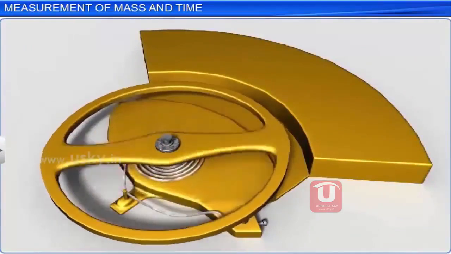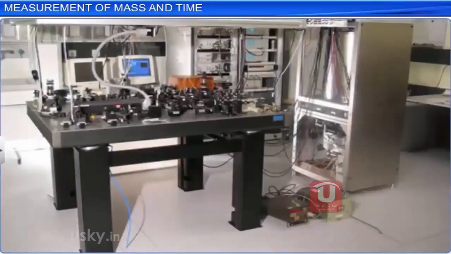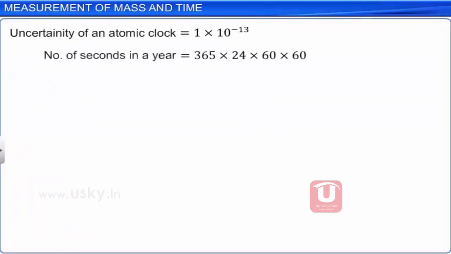The cesium atomic clock has an accuracy of 1 second in 1 million years, or an uncertainty of plus or minus 1 × 10⁻¹³. The number of seconds in a year is 3.1536 × 10⁷. Hence, the atomic clocks lose or gain no more than 3 microseconds in 1 year.